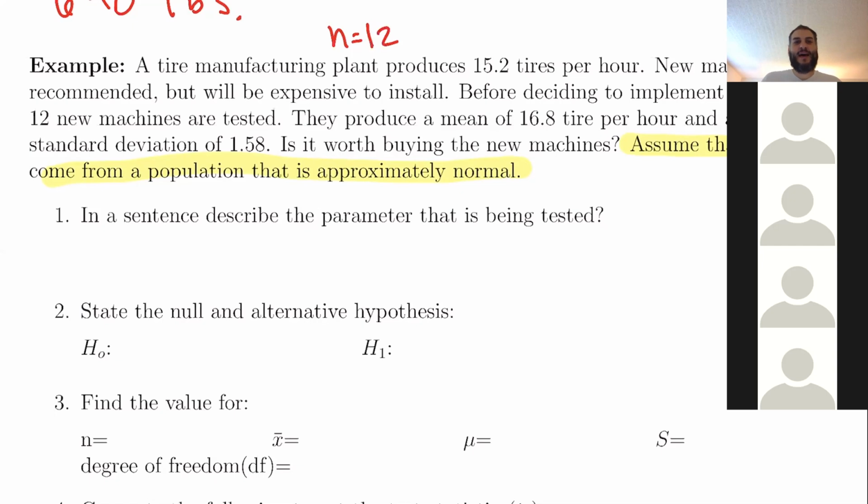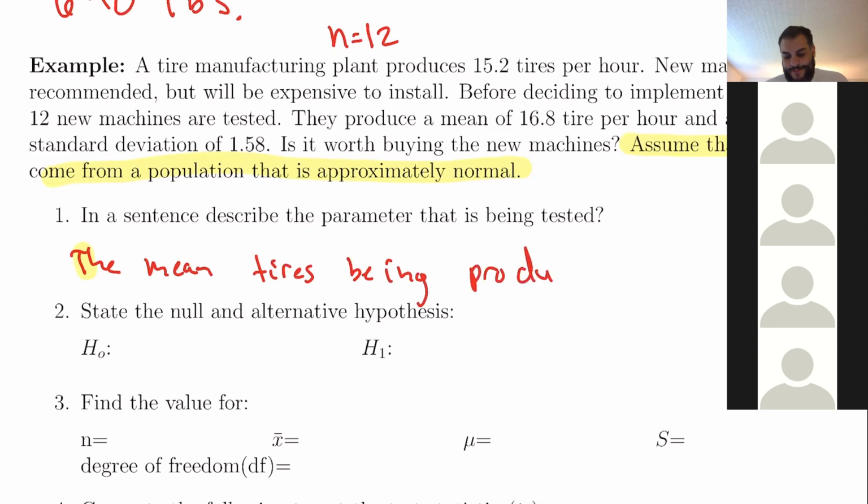Yeah, the amount of tires being produced per hour, but the key thing is that it's the mean tires being produced per hour. So we're saying the mean tires being produced per hour.